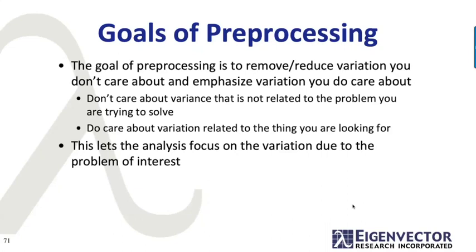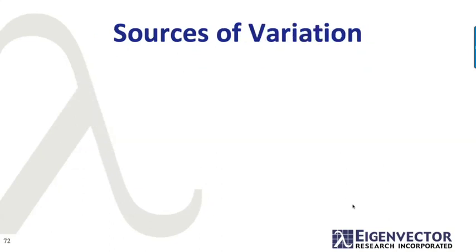And there's a lot of possible sources of other variation. We do care about the variation that's related to, in our case, the glucose. So pre-processing then lets the analysis focus on the variation due to your problem of interest.